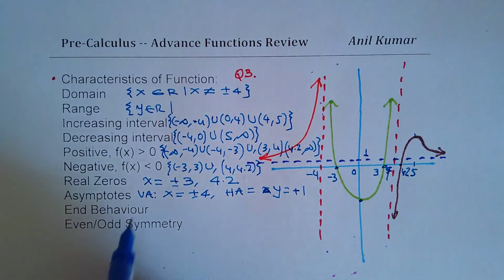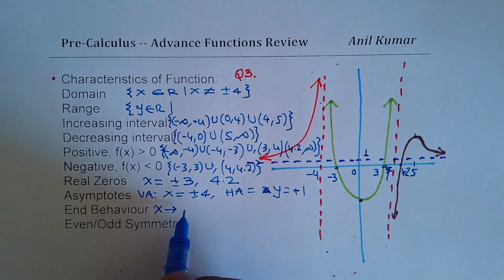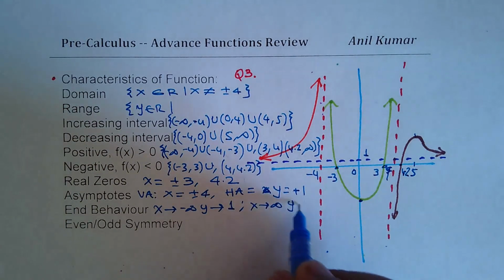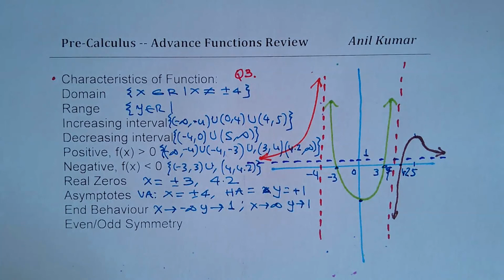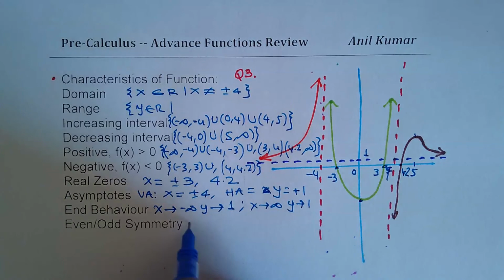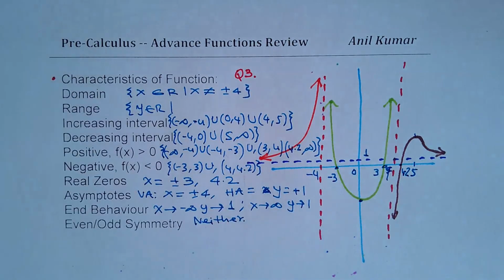End behavior means when x approaches -infinity, y approaches what? It approaches 1. And when x approaches +infinity, y approaches also 1. That gives you the definition of horizontal asymptote. Perfect. Even odd symmetry. Now, this is not symmetric, so it's neither. Does it make sense to you?